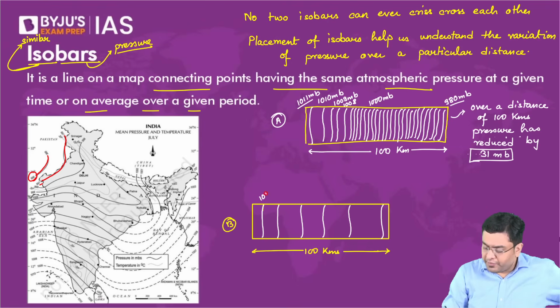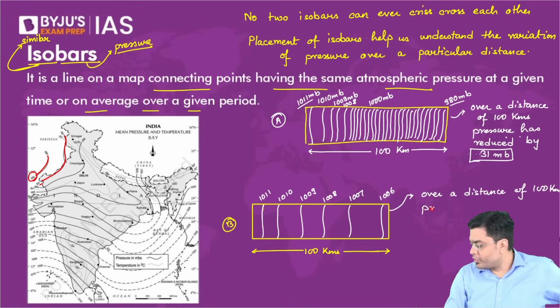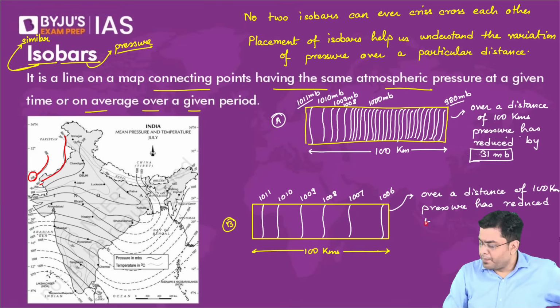If this represents 1011, this 1010, 1009, 1008, 1007, 1006, then over a distance of 100 kilometers, the pressure has reduced by 5 millibar.